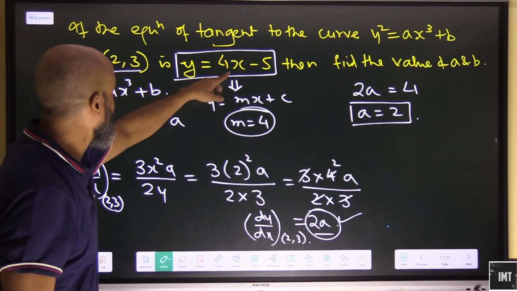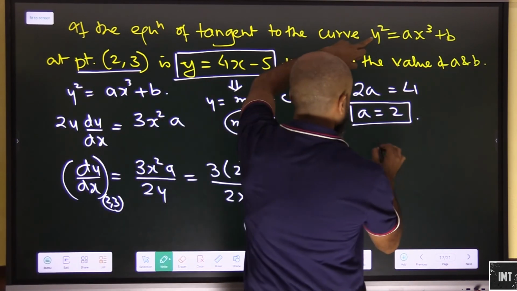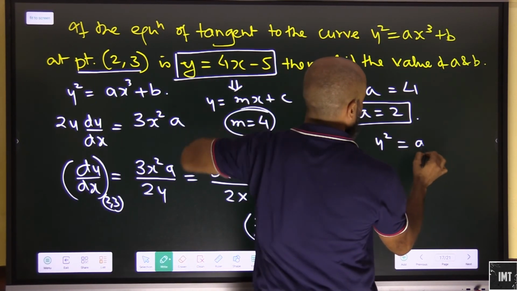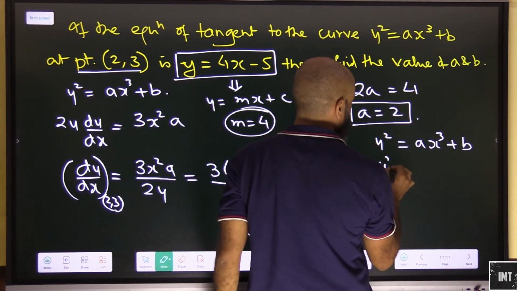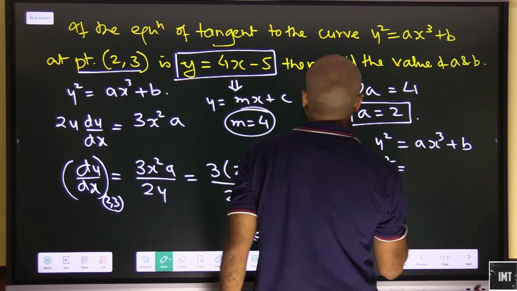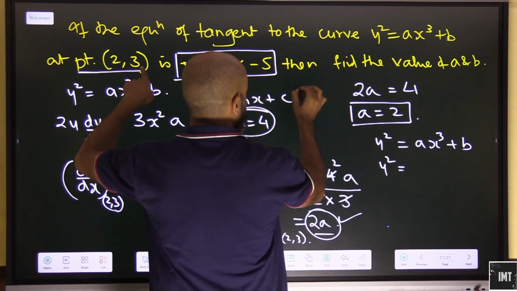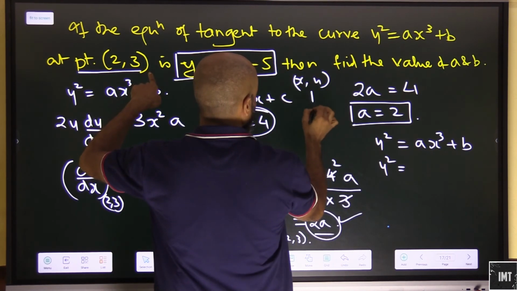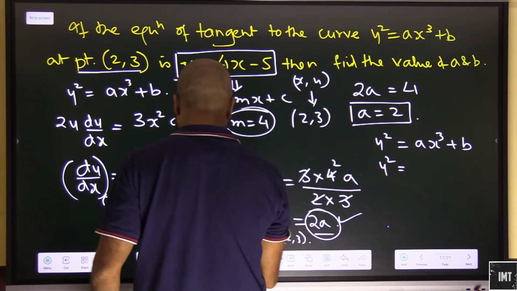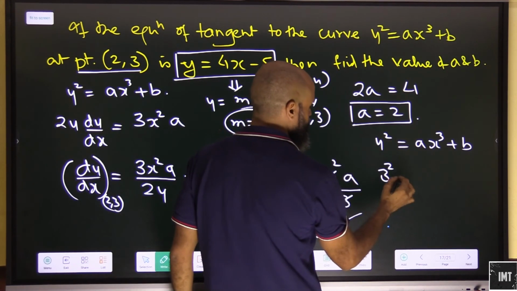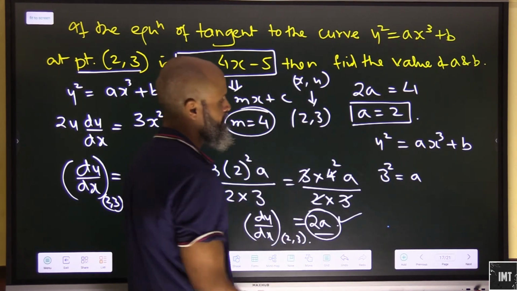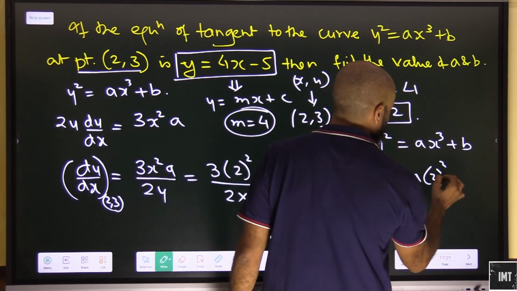Now if we put the value of a as 2 in this curve, y square is equal to a x cube plus b. Since it passes x and y, will have coordinates 2 and 3. So we can directly put here, in place of y square we can put 3 square, a into x cube, that is 2 cube plus b.